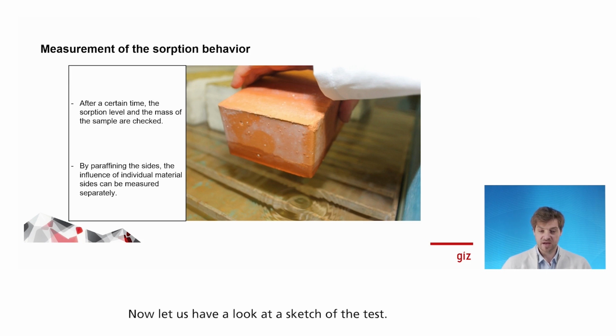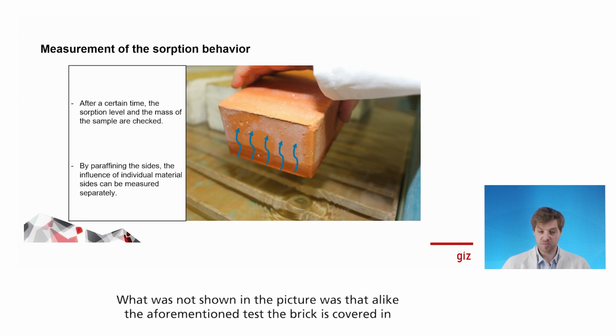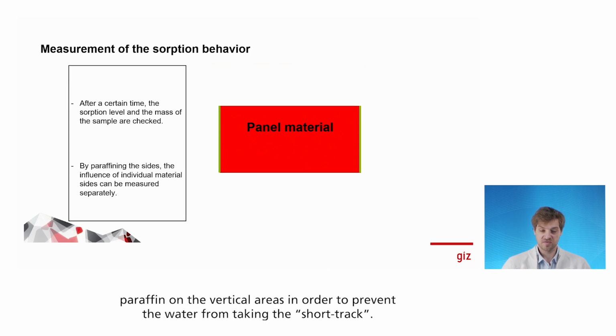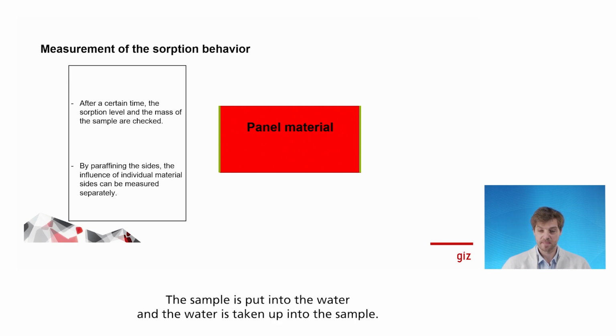Now let us have a look at a sketch of the test. What was shown in the picture was that, unlike the aforementioned test, the brick is covered in paraffin on the vertical areas in order to prevent the water from taking the short track. The sample is put into the water and the water is taken up into the sample.